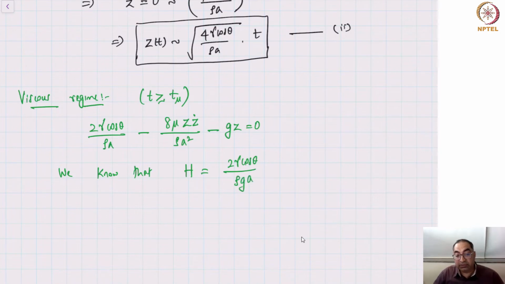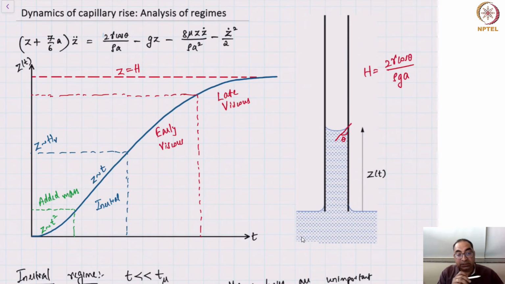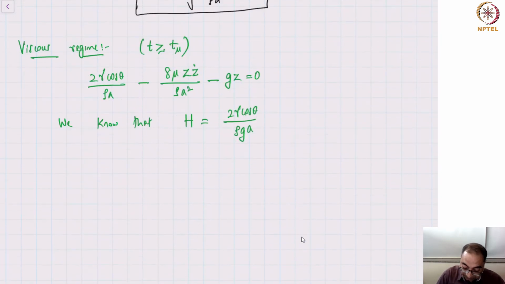Why is this important? Because now we are approaching this final height. Okay, so that is the height that is shown with the red dashed line at the very top. We are approaching this final height, and we want to see a natural length scale is emerging, and we want to see how this length scale also enters the analysis.